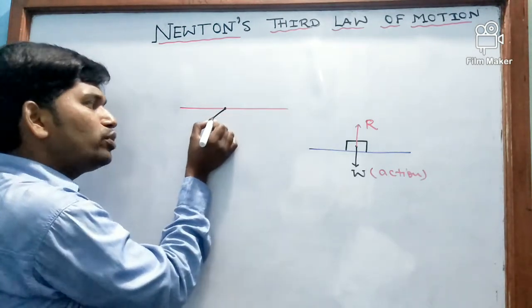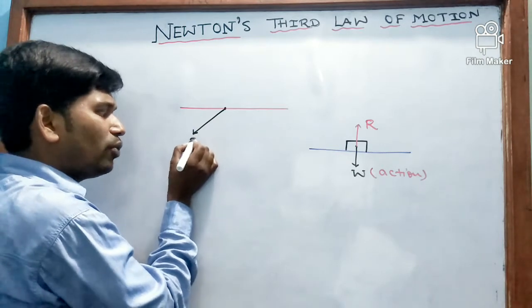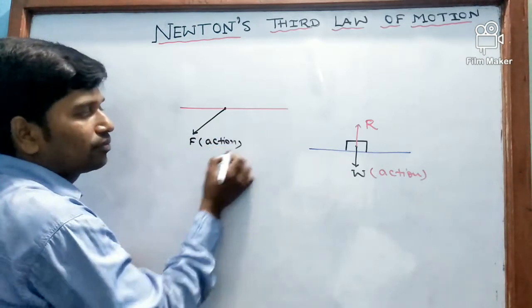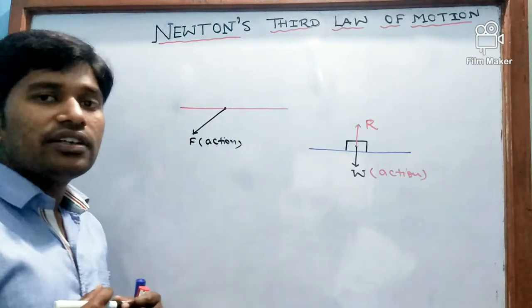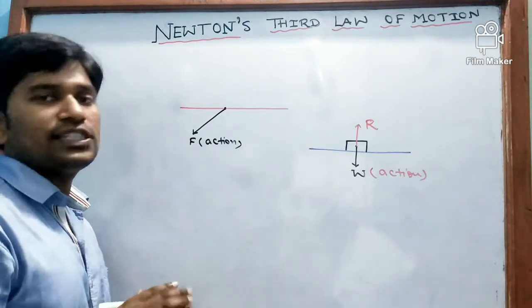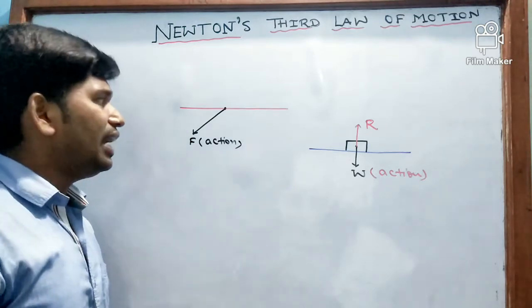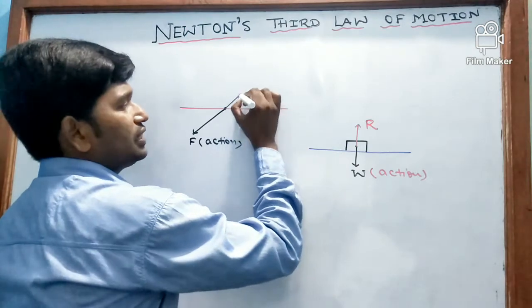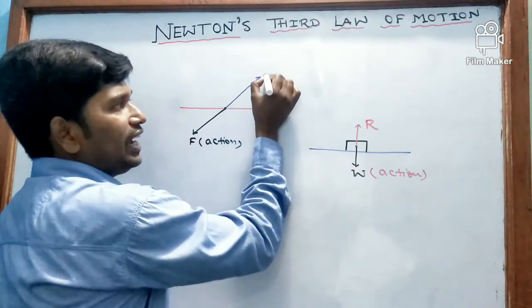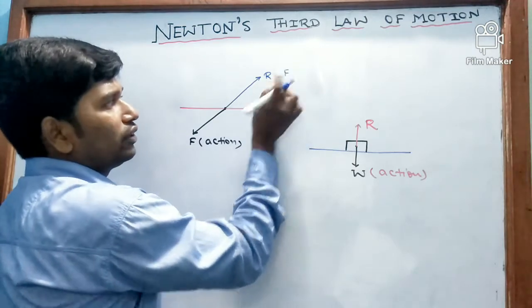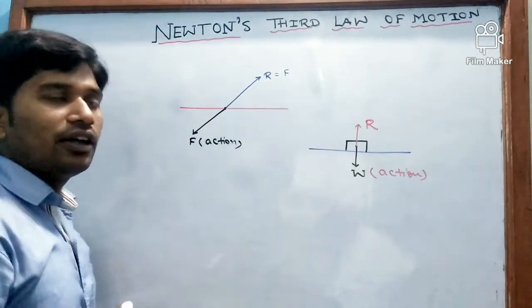So he pushes the earth in the backward direction with a force which is the action. The earth exerts an equal and opposite force on his feet as a reaction. So this is the reaction. The reaction force is also equal to the action.